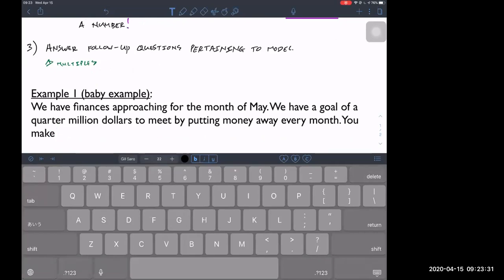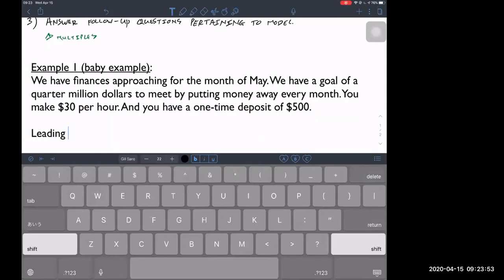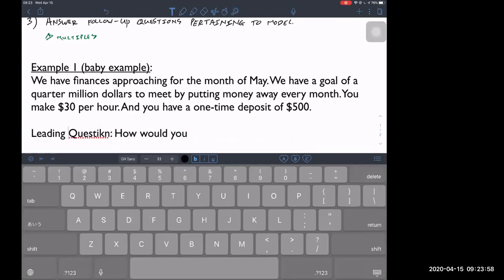You make $30 an hour. And you have a one-time deposit of $500. Okay, and then the leading question is, how would you represent the above for the month of May?